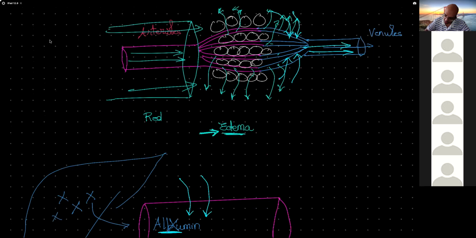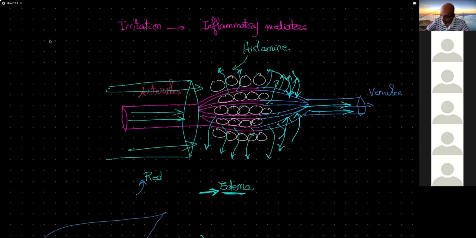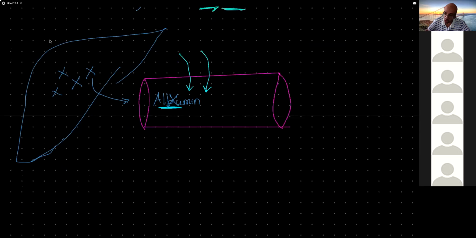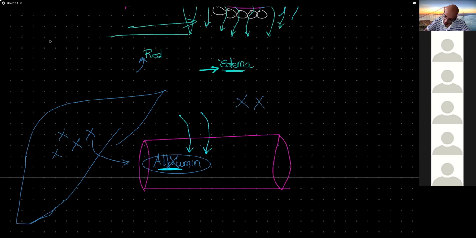So even without dilating those arterioles, the fluid is going to be moving outside, but won't be recaptured back into my vessels because I'm missing the albumin. If I don't have albumin, I'm not pulling the fluid back, so the fluid is going to remain here outside in my tissues. And this is what will cause the swelling, the edema.